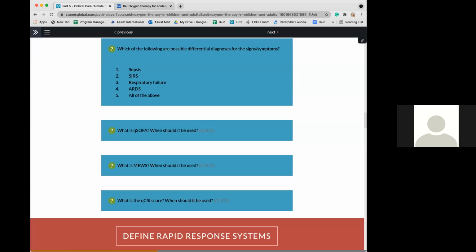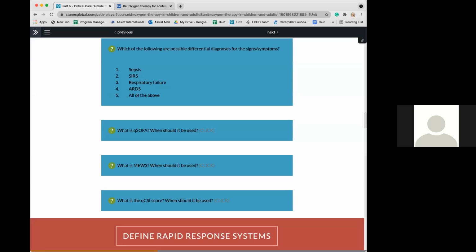So the modified early warning score also has been very useful because it uses very simple vital signs or parameters that we normally do on our patients. For instance, it will look at the systolic blood pressure, the heart rate, the respiratory rate, the temperature, as well as the level of consciousness of the patient using the AVPU scoring system.